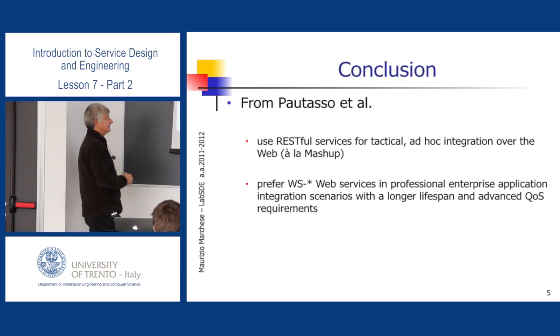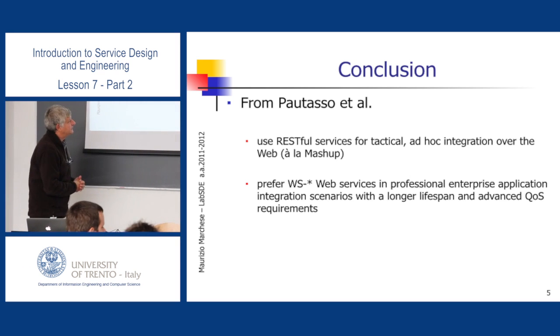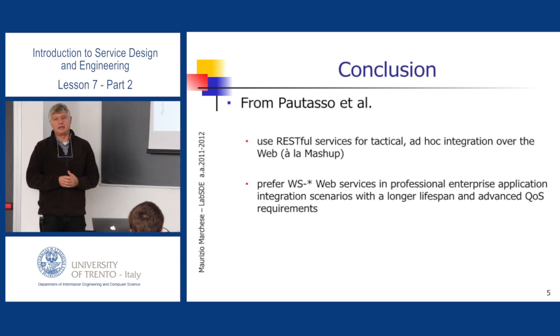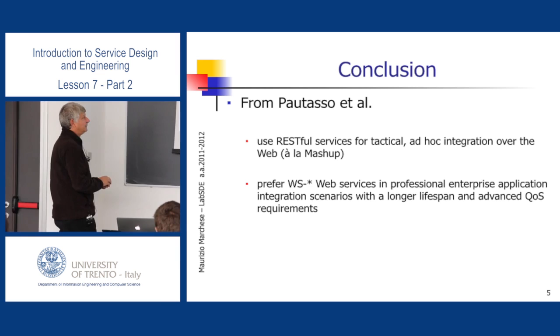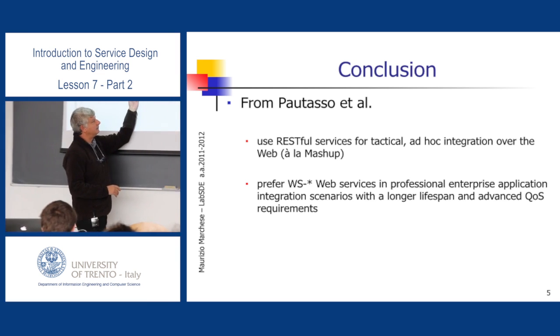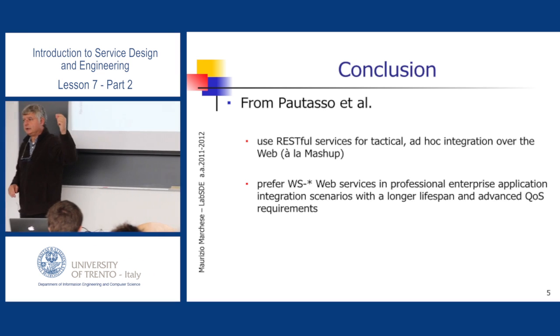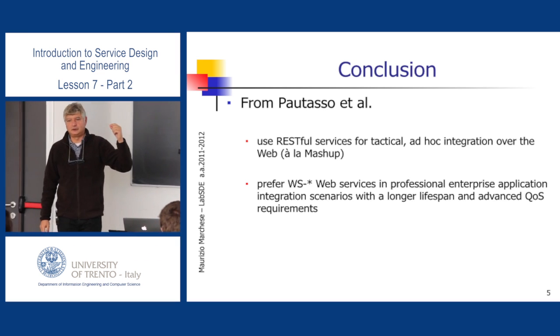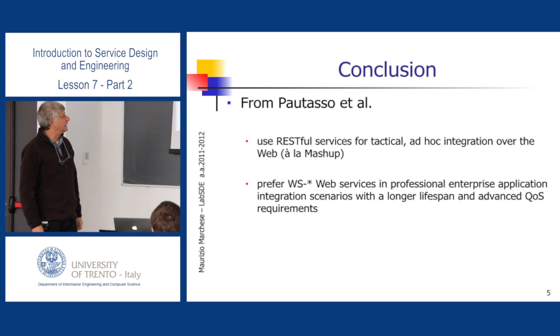WS-Star web services, or SOAP web services, are probably a good solution for professional enterprise applications. And the two things mentioned here are longer lifespans, meaning evolution. So something that you don't do only for yourself in the next month, but you do it for evolution.